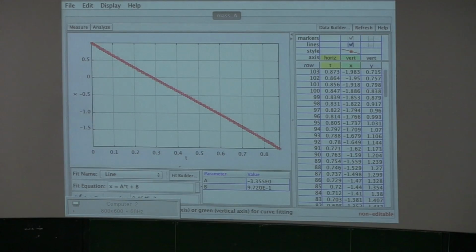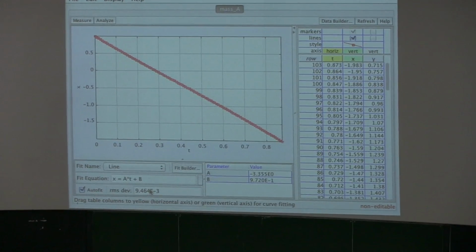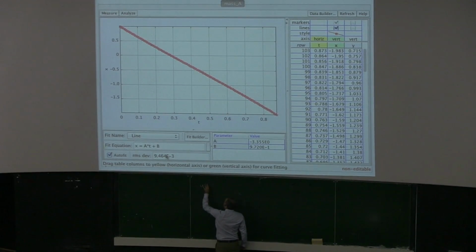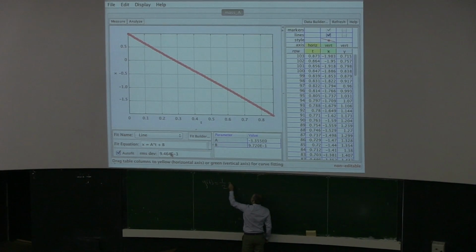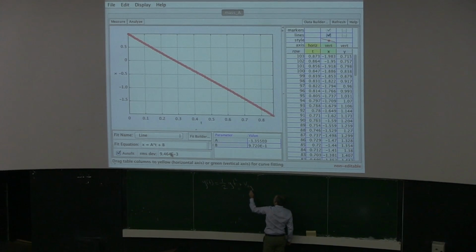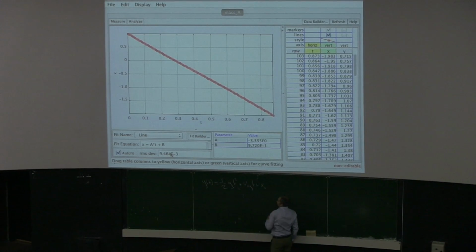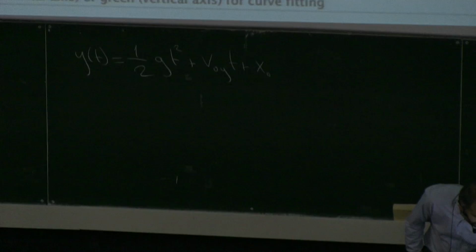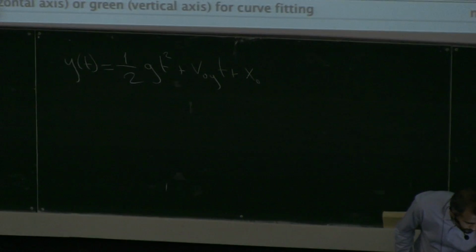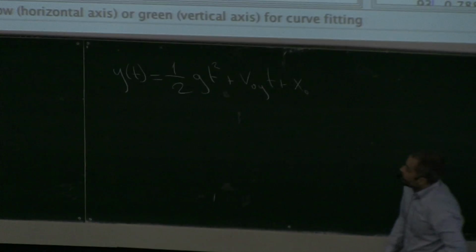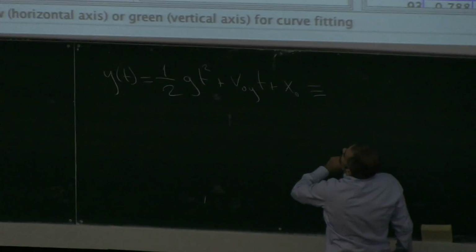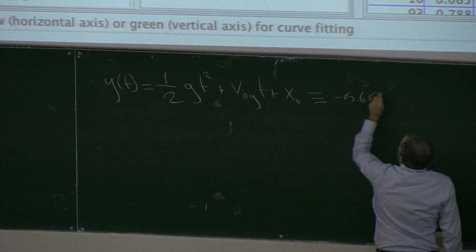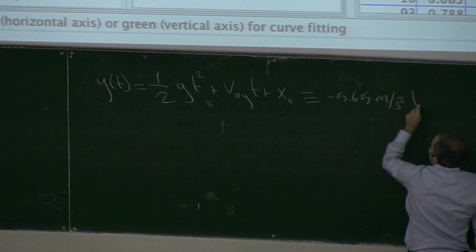So now we have the data. Now, what can we say? The y coordinate should be 1 over 2 gt squared plus v0y t plus y0. This is how it should behave. And we had seen that it is given by, so A is minus 5.65 meters per second squared, t squared.